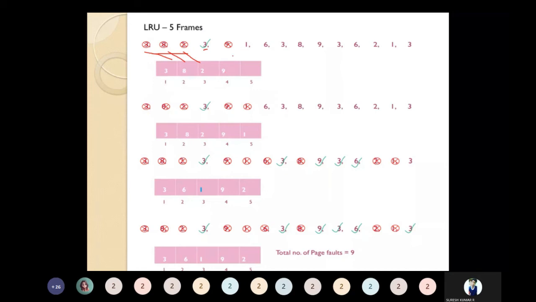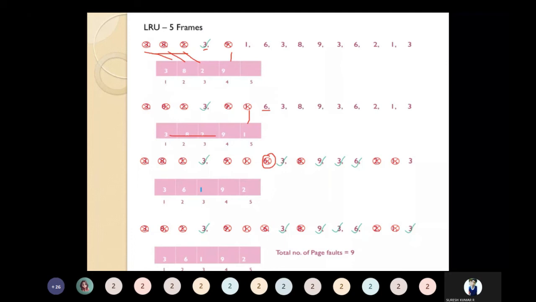Next, 1. 1 is also not present, so 1 will be placed here. So the first 5 slots are filled now. Next I look at 6. We need to fill 6, but there is no space because all 5 slots are already filled.